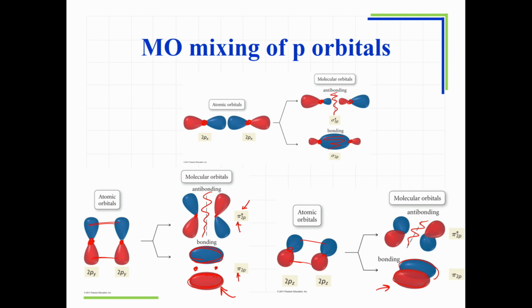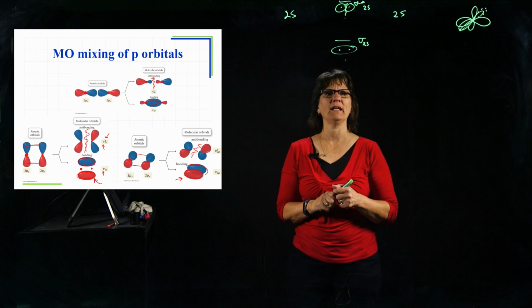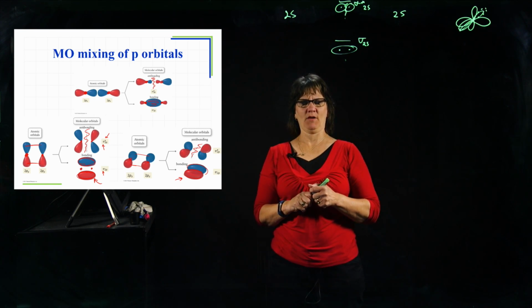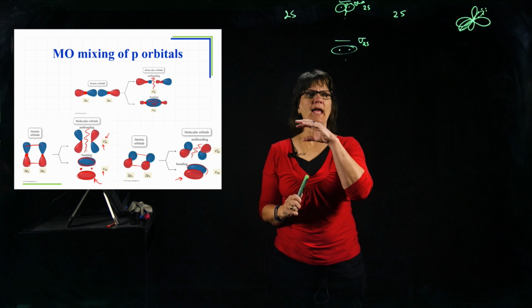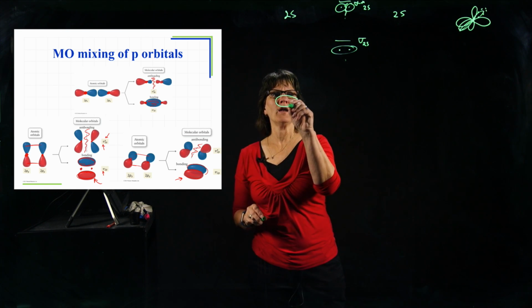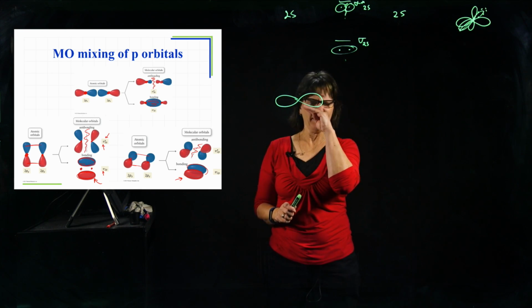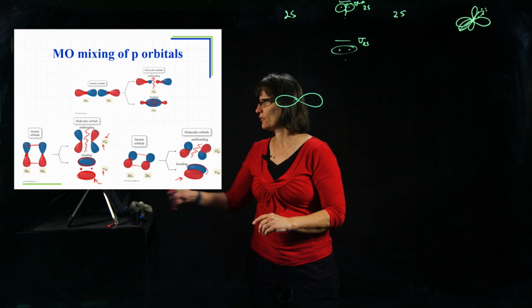So I'm going to try to draw these out overlapping each other so we can get an idea of what's happening on the screen, just to give you another perspective of it. We know that there are 3 p orbitals. One of those p orbitals is along the x-axis, so I'm going to call that one the x-axis, okay?